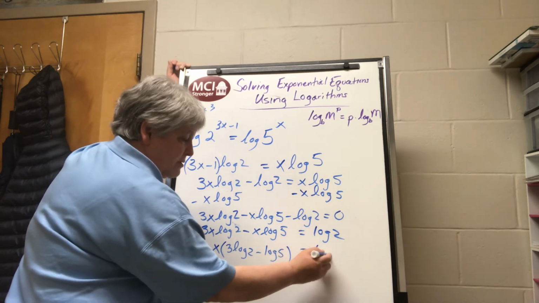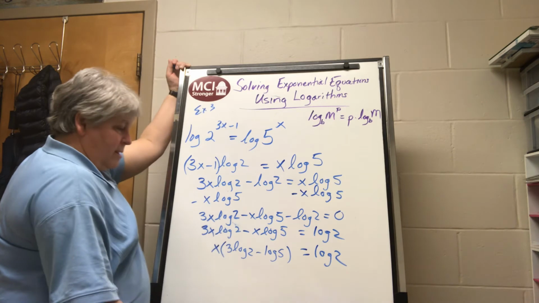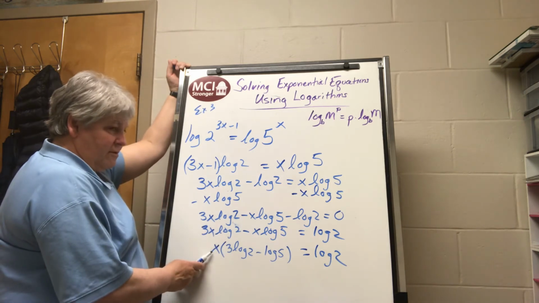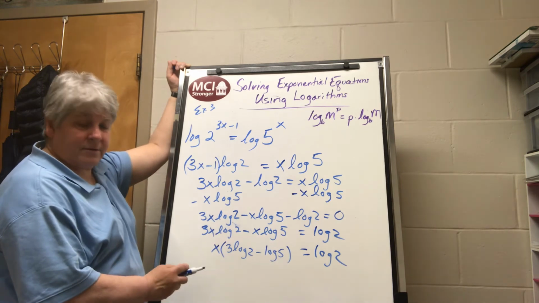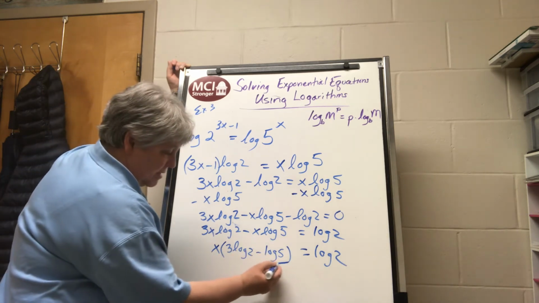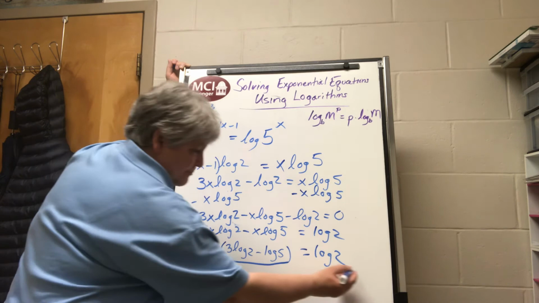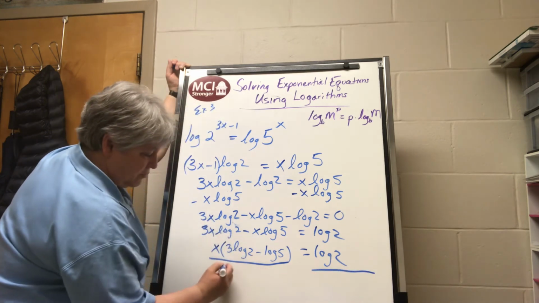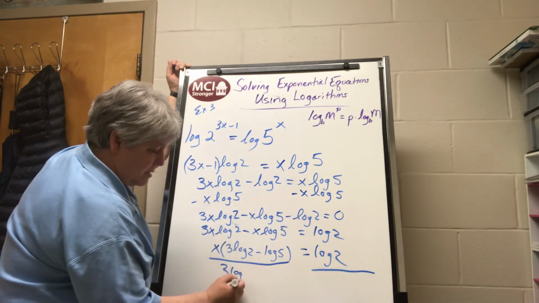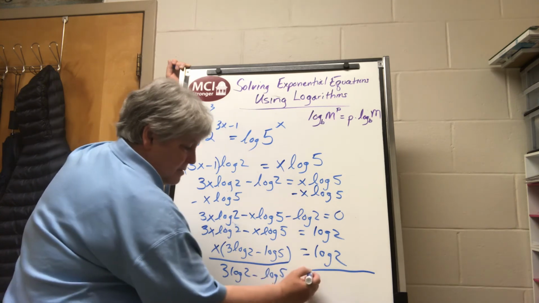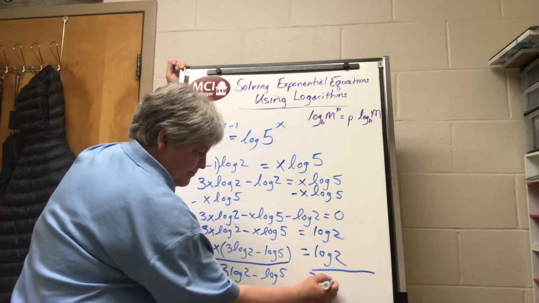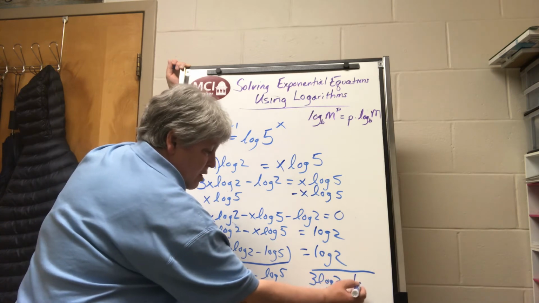Do you see where we're going with this? I want to get x by itself. Right now it's being multiplied by this stuff that doesn't involve any x. So I'm going to divide by this on both sides. So 3 log 2 minus log 5.